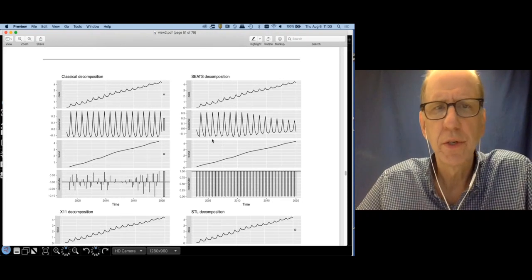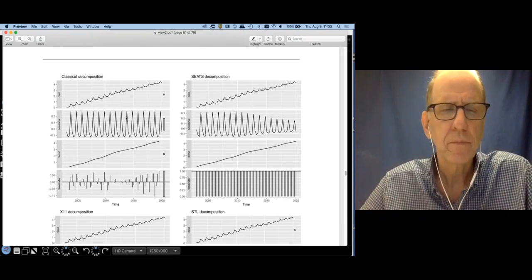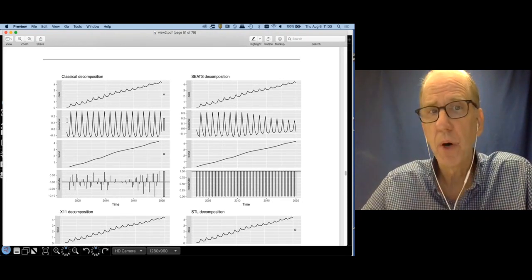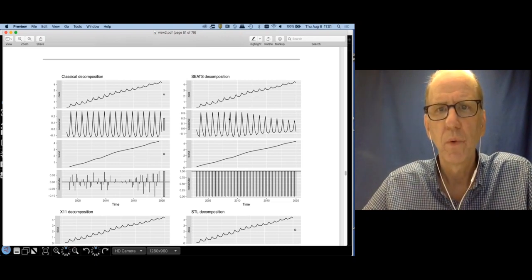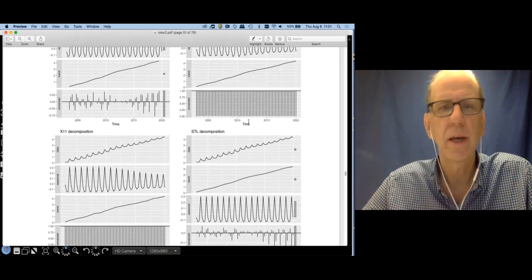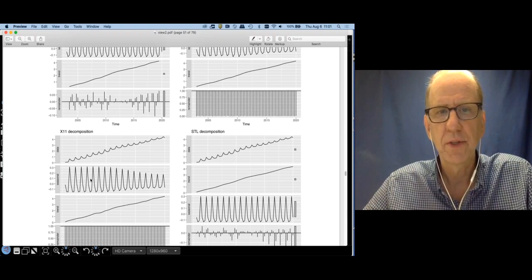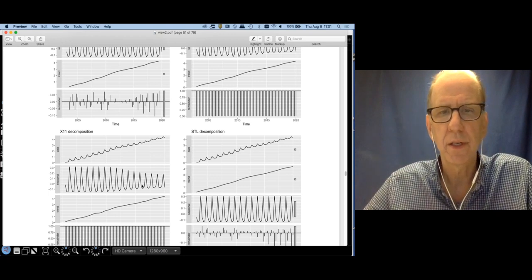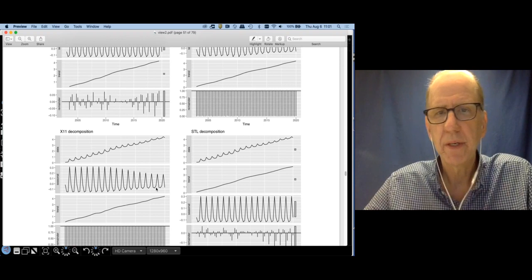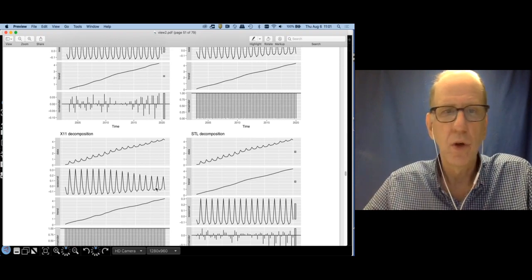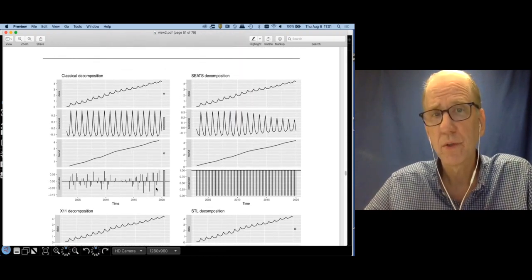Another feature to note is that the seasonal component is constant over time, just as I suggested, whereas what you'll see is that with the SEATS decomposition and the X11 decomposition, the seasonal component is decreasing in amplitude over time. Now, what's really happening here is that the log transformation is a little bit too strong.